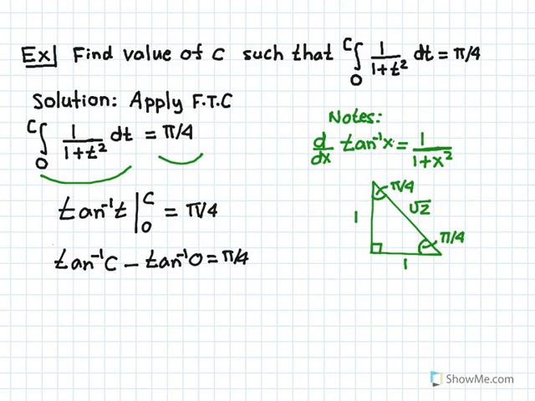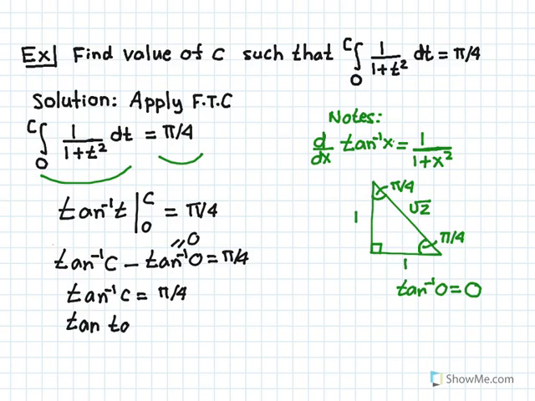What is tan inverse of 0? Tan inverse of 0 is saying, what is the angle whose tangent is 0? Clearly that is 0. So this is going to be 0. And what we get is tan inverse of c is equal to pi over 4. Now we need to solve for c, so let's take tangent of both sides. We get tangent of tan inverse of c is equal to tangent of pi over 4.